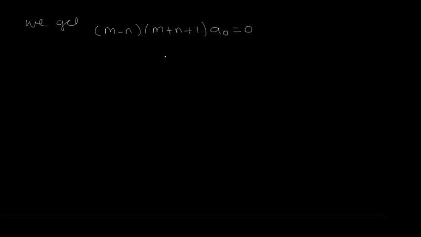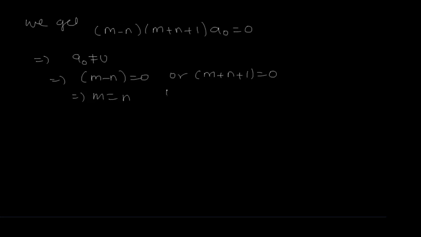Which means that a naught cannot be equal to 0, which implies m minus n is equal to 0, or m plus n plus 1 is equal to 0, which implies m is equal to n, or m is equal to minus of n plus 1.